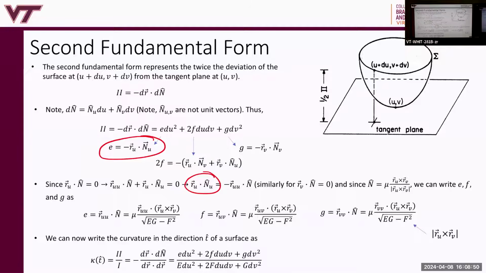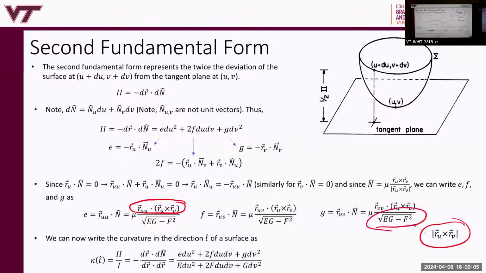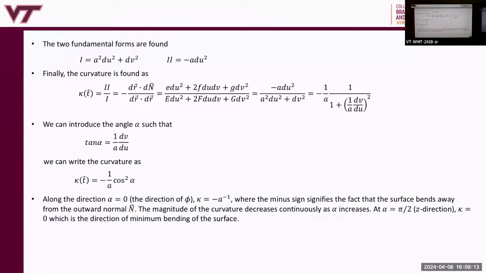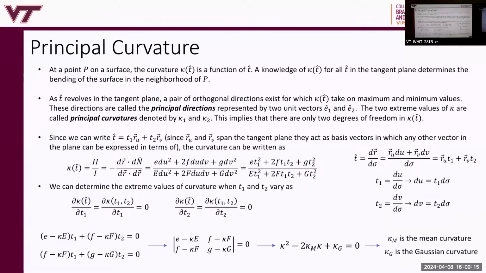So you can replace that with RUU dotted with N. And that's what we've done. RU dotted with N. N is RU cross RV. But then you have to divide out its magnitude, right? To make N a normal unit vector. And the magnitude is nothing but square root of EG minus F squared. Okay, good. So that's how you get those formulas. We did an example, and then we got to this point, I think, right?